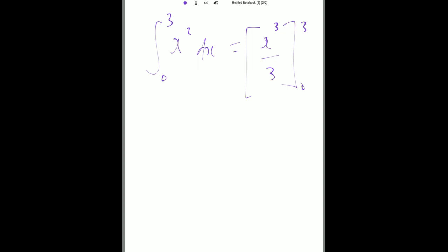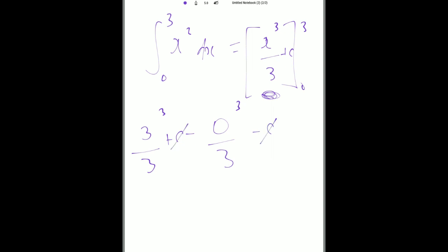So substituting 3 into this expression here gives us what? We have 3 cubed over 3 minus 0 cubed over 3. If I had the constant of integration here, we'd have the plus c, yes, and we'd have the minus c here, and it would cancel.